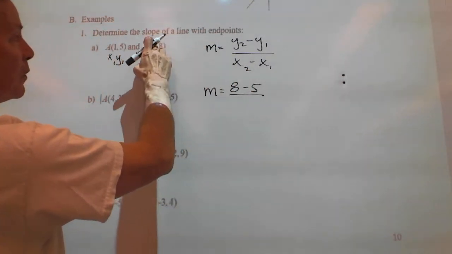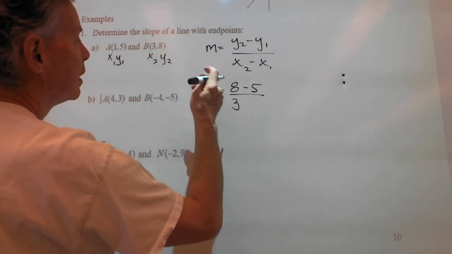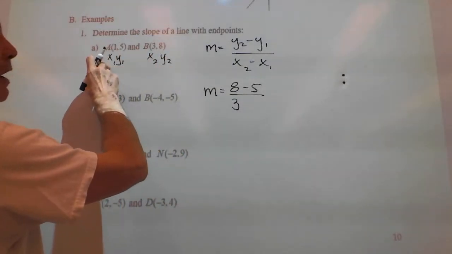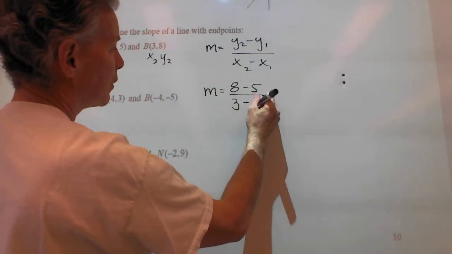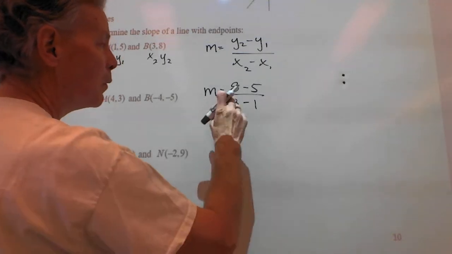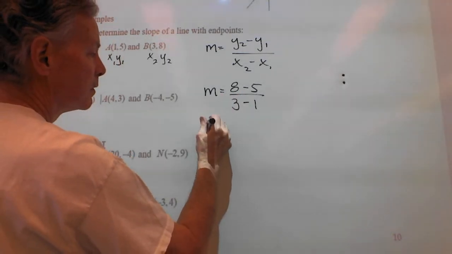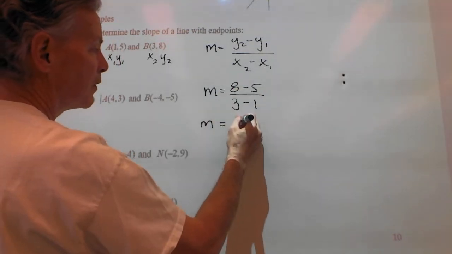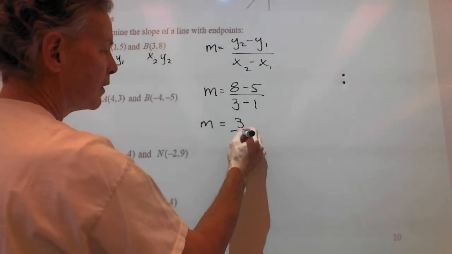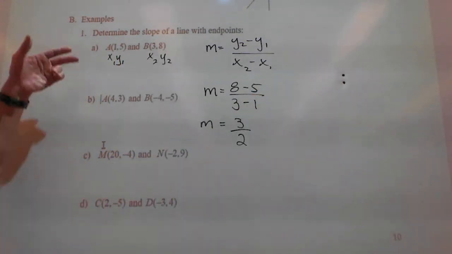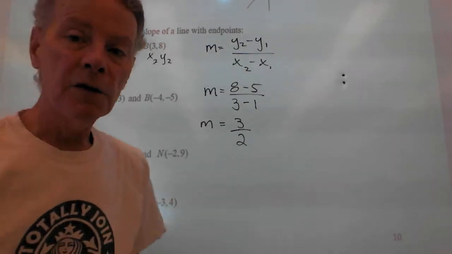Our x2 is 3, and our x1 is 1, so we get 3 minus 1. And when we subtract, 8 minus 5 is 3, 3 minus 1 is 2, so our slope for A is 3 over 2.